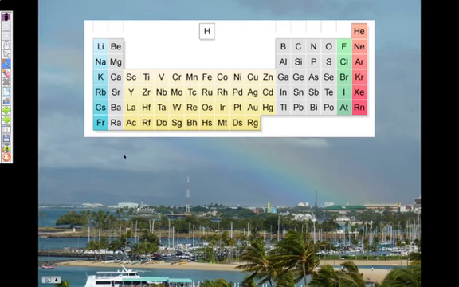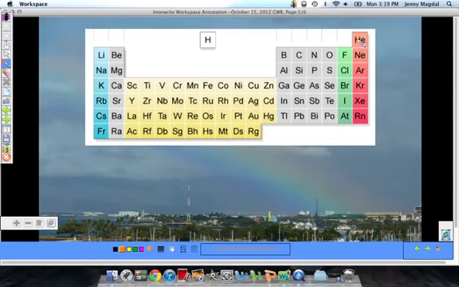Let's start out really simple. And before we do, let's remember that the helium and the hydrogen are both over here in the 1s energy level. 1s, 2s, 3s, 4s, and you will never be asked in IB anything above calcium.